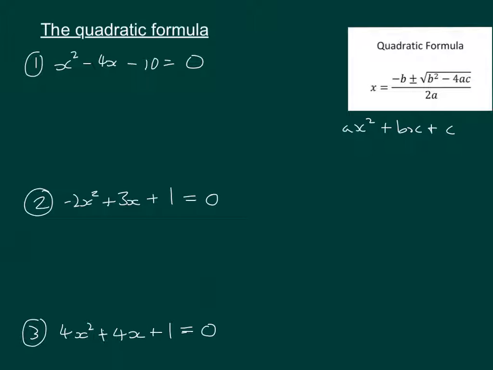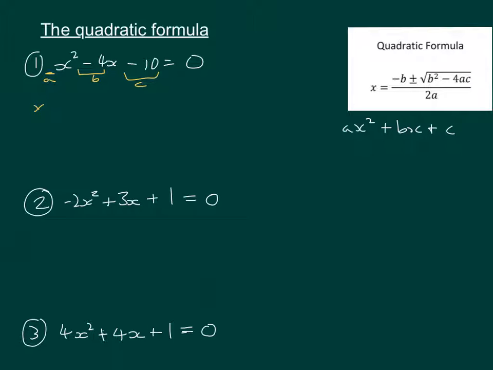I've got a few to do. They're all different types of scenarios though. If we just start with this first one, I'm going to do it quite slowly. We've got that A here is 1, B is -4, so that's A, that's B, and C is -10. So we're going to substitute those into our formula here.